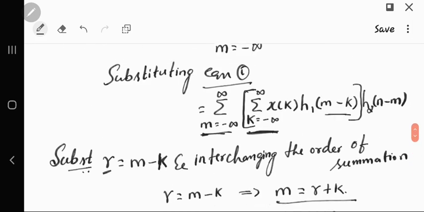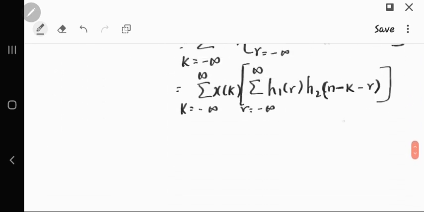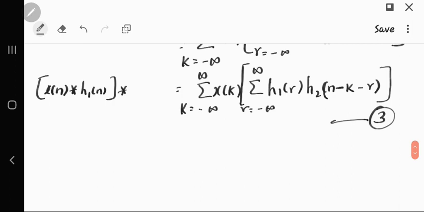I give an equation number. Since we have started with 1 and 2, let's give it equation number 3. Okay, and to the LHS we have x of n convolved with h1 of n convolved with h2 of n.